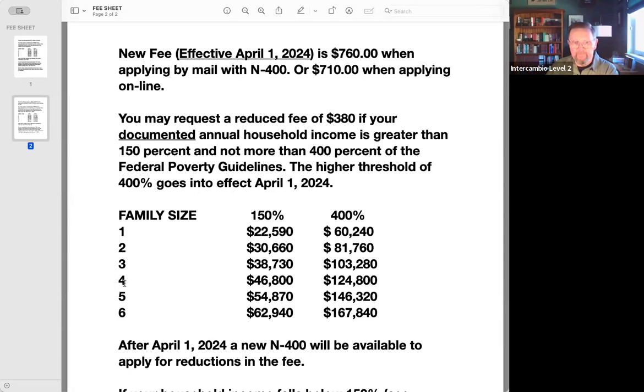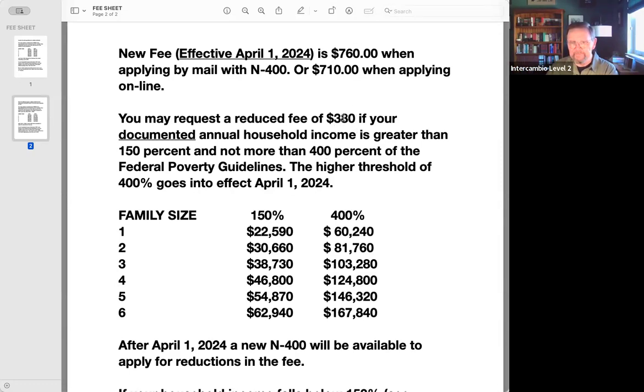So for a family of 4, mom and dad and 2 kids, if your household income is between $46,800 and $124,800, you can get that fee cut down to $380.